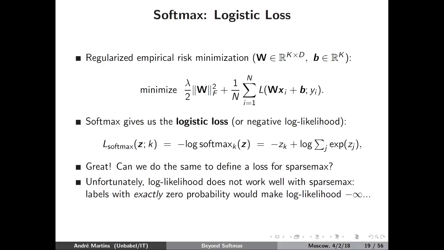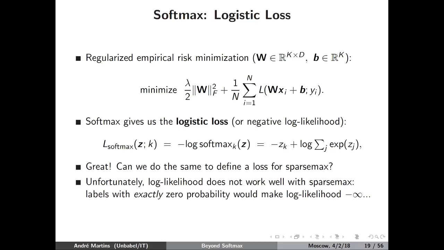And this can also be written as minus the kth coordinate of z plus log sum exp of the entire vector z. I'm guessing that you might be familiar with these expressions already. Does this sound familiar, or is this completely new? Okay, maybe familiar to some, but not for everyone. Okay, so nothing here is new.